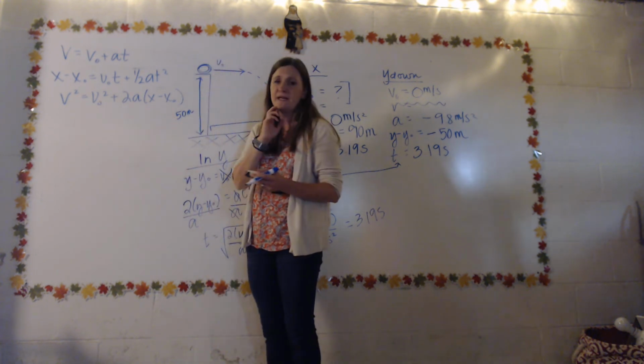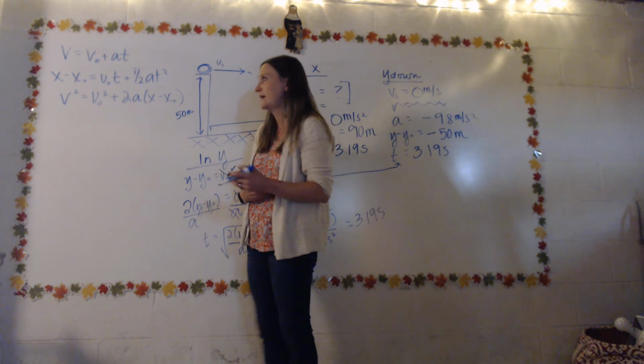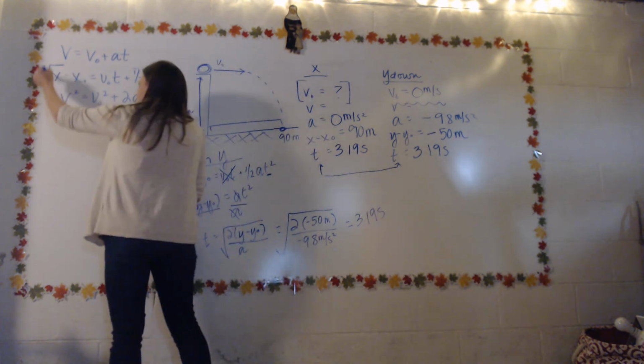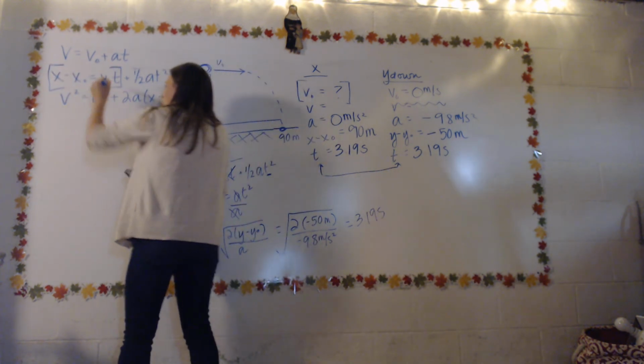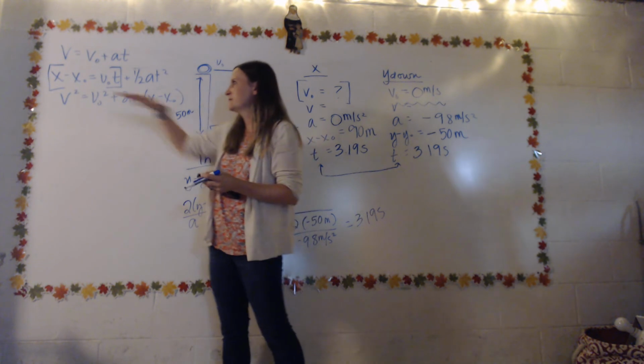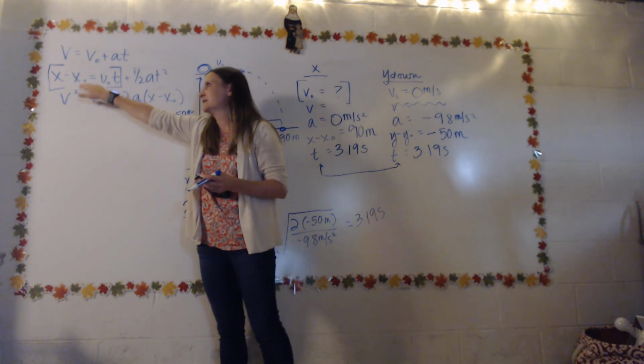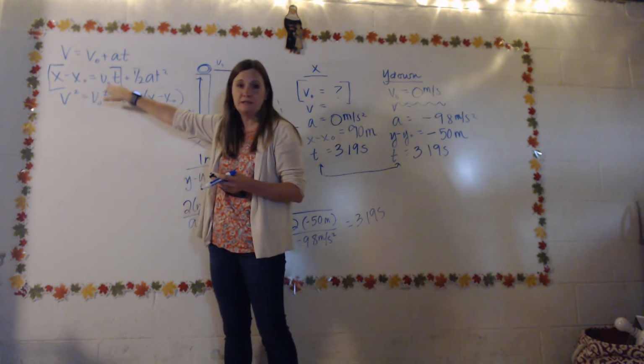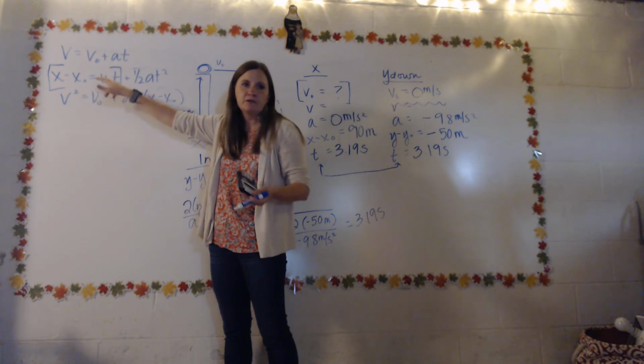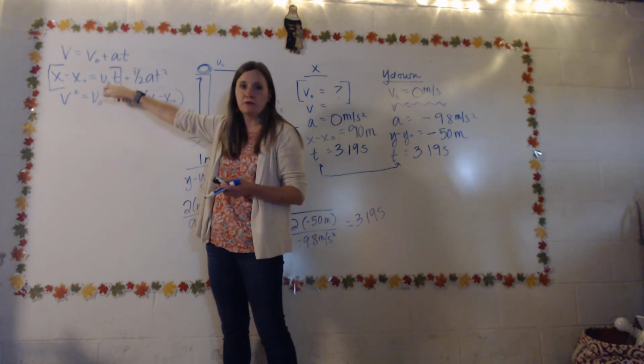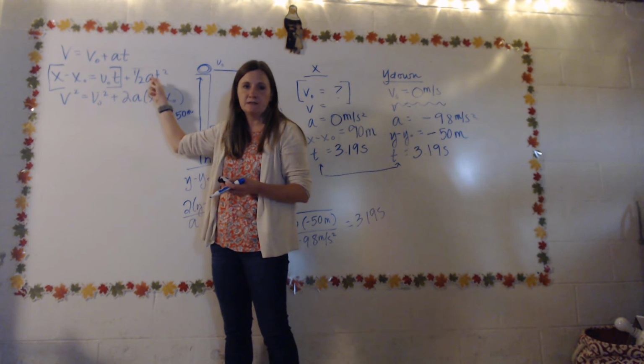So for projectile motion in x, the kinematic equations give us one useful result that we use for every single situation in which we're dealing with x, and that is x minus x naught is equal to v naught t. The reason is that the velocity stays constant, because a is 0.